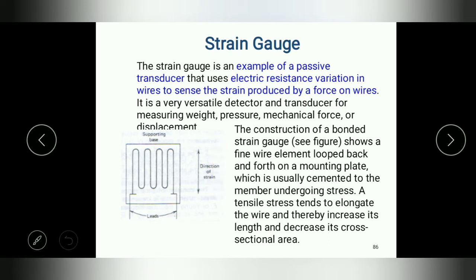This will affect the strain gauge, and thereby increases its length and decreases the cross-sectional area. That causes the wire gauge to increase in length and decrease in cross-sectional area.